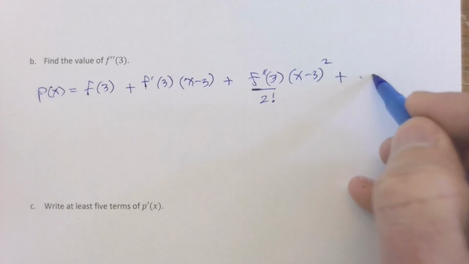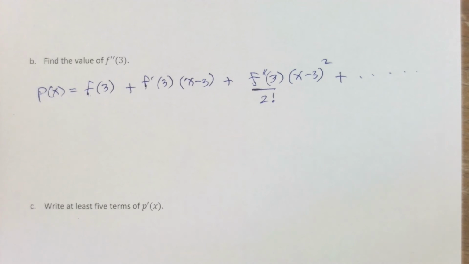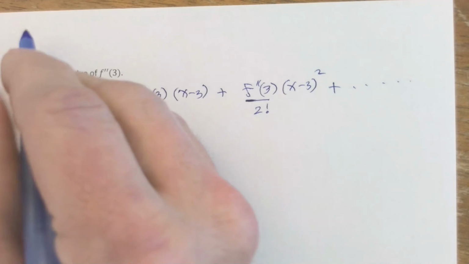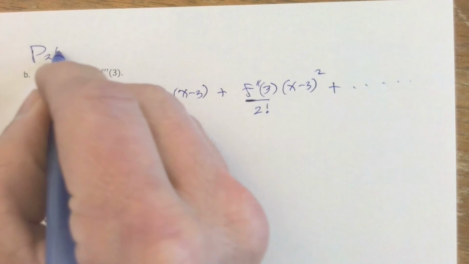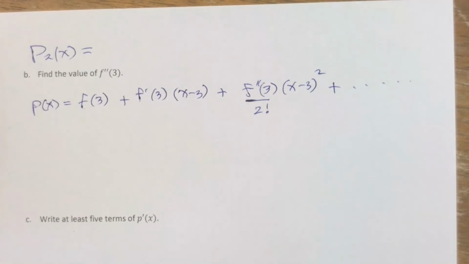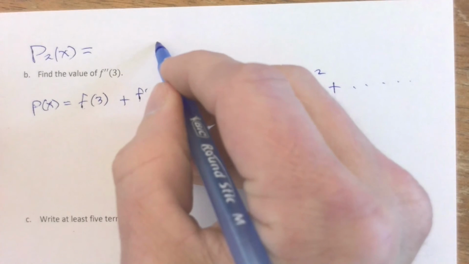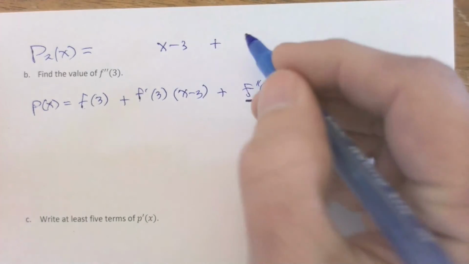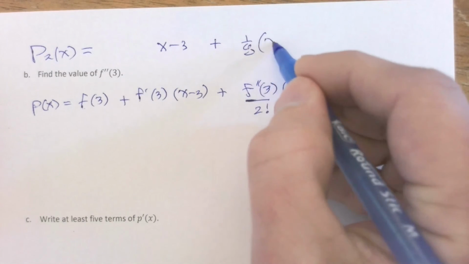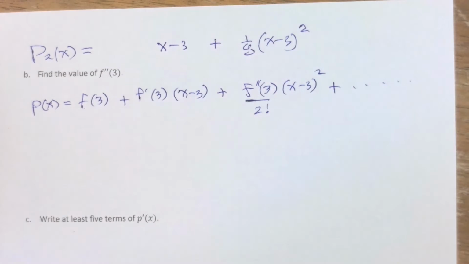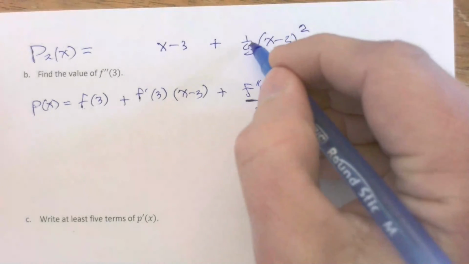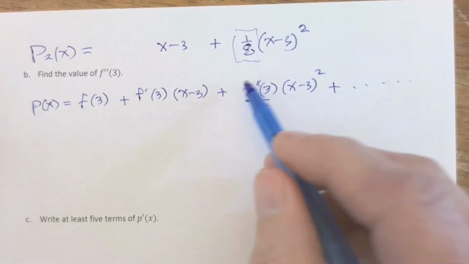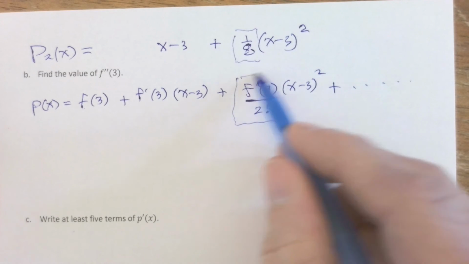Well, I've gone far enough with this, haven't I? Because on the previous page, we had written out the quadratic version of this, where it had no constant term, but it had x minus 3 as a linear term. And then for the quadratic term, it had 1/8 (x minus 3) squared. I think it's pretty clear from this that this coefficient can be used to help us figure out what f double prime of 3 is.